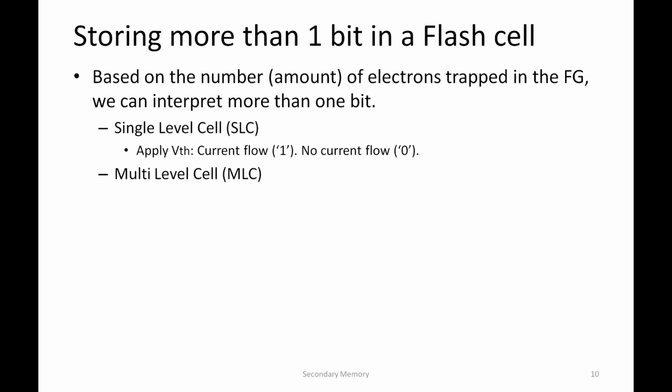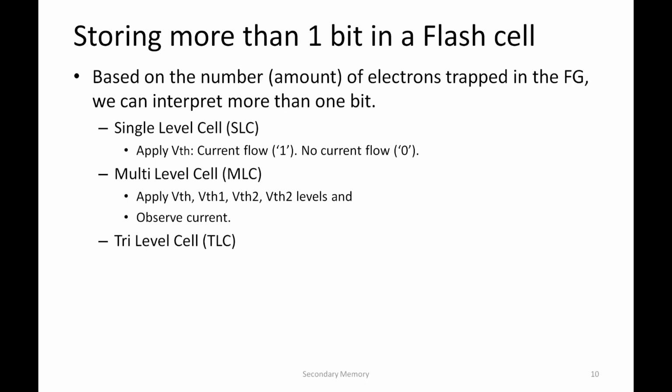Following that, we have multi-level cell, MLC in short, where we can apply one of the 4 possible voltages, one after another, and observe the current flow. Tri-level cell is TLC, where there are 8 possible voltage levels for programming and reading the flash cell.